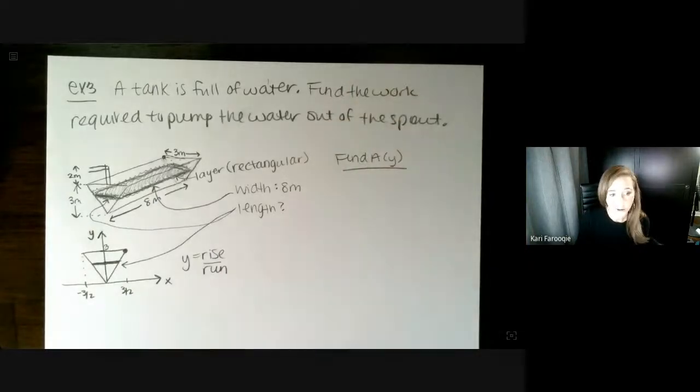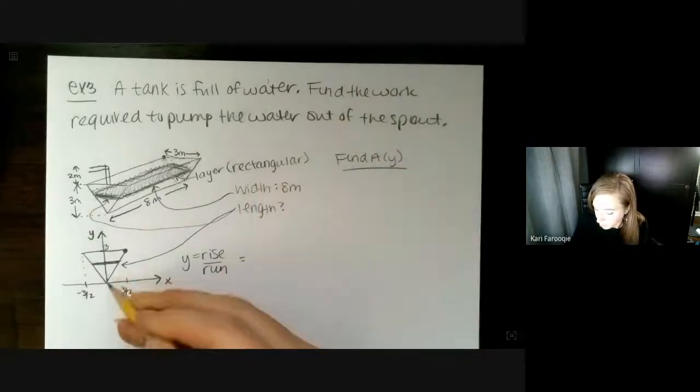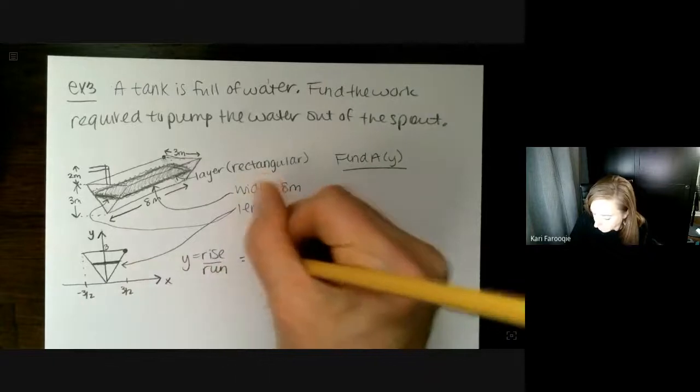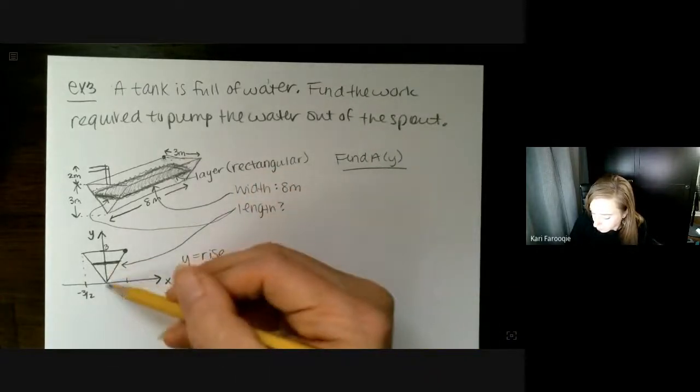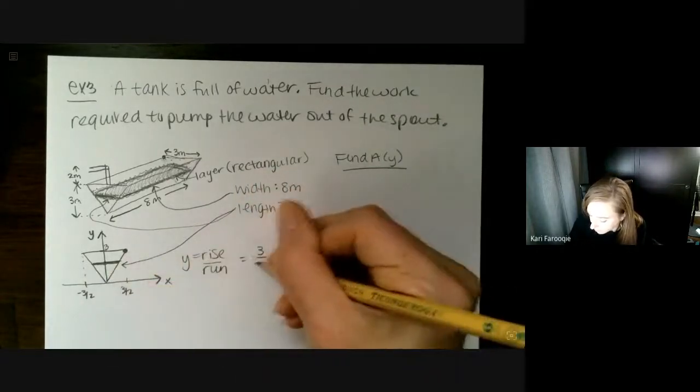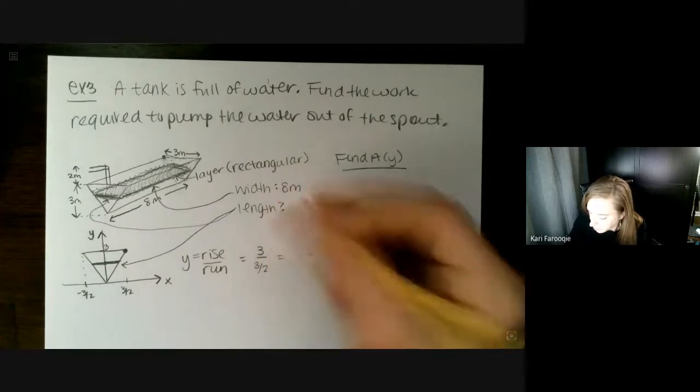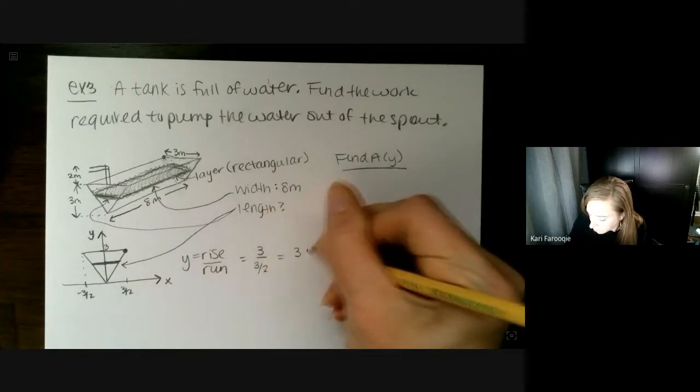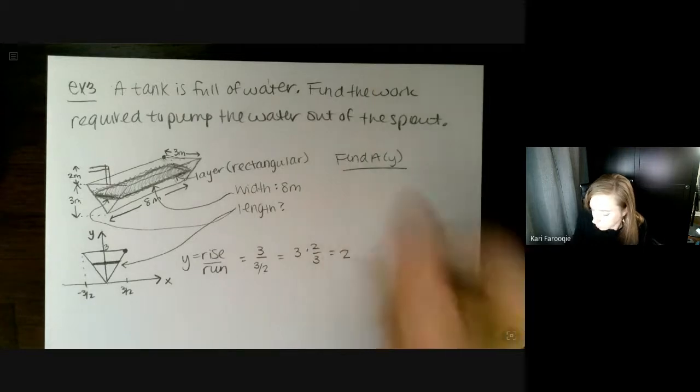All right, so the rise is 3, and the run is 3/2. If I'm talking about this line right here, I'm going to write this as a function. So 3 divided by 3/2 is 3 times 2/3, which is 2.